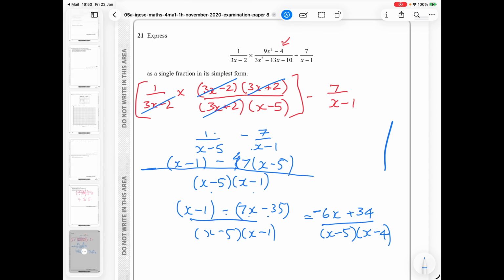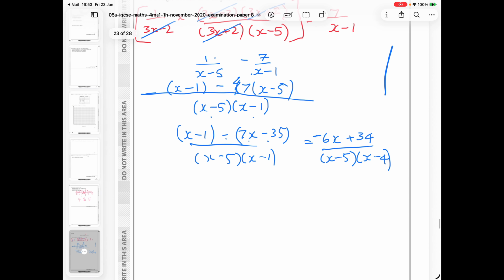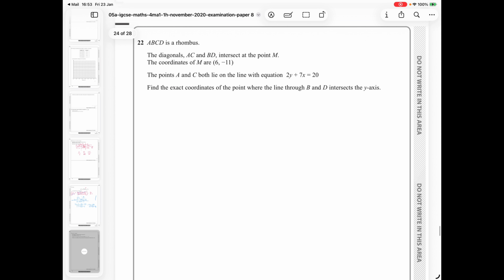I wonder if I can fit in another one. Alright, we've got a rhombus. This might take a while. ABCD is a rhombus, which is a square on its side. It's a wonky square, basically.